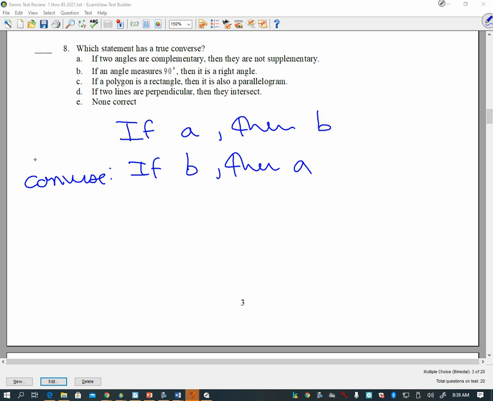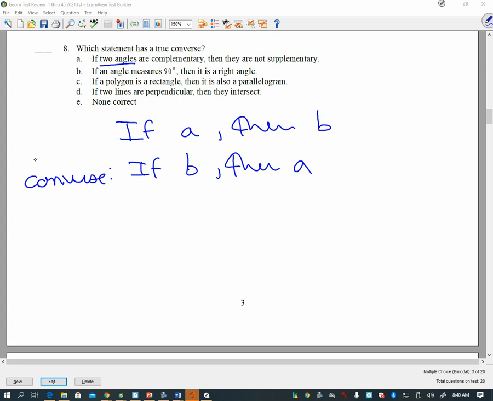If what? All right, so I would start by saying if two, okay, so we have to have our subject. Our subject is 2 angles. So if 2 angles are not supplementary, then they are complementary. Okay, so I'm going to write the converse statement. And I'm going to write next to that whether it's true or false. Is that true or false?